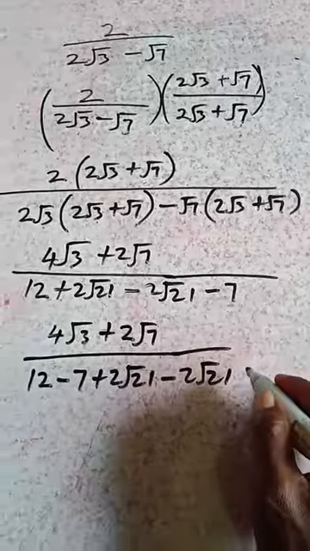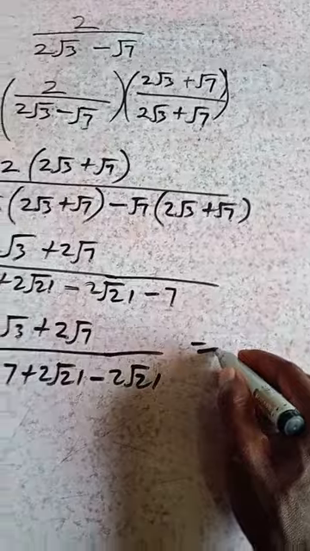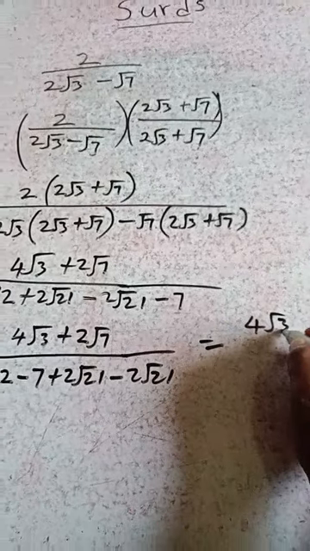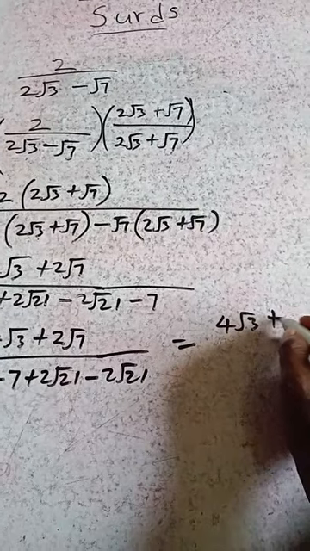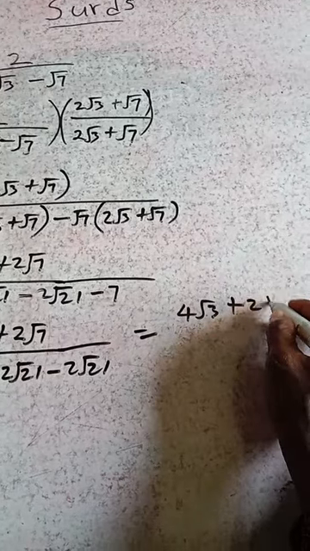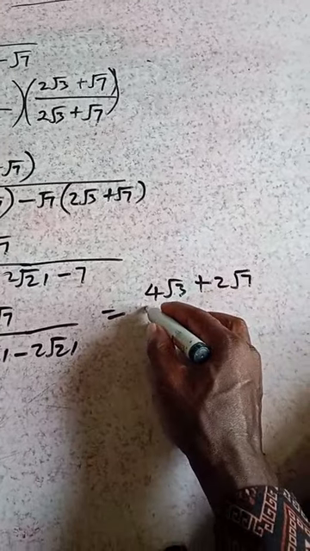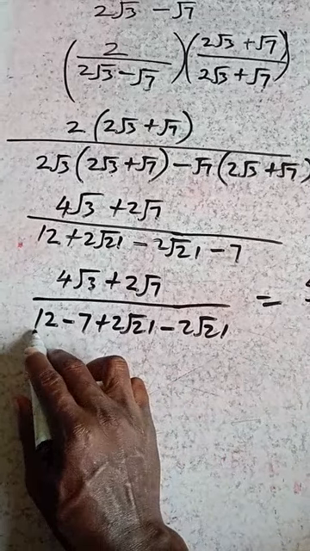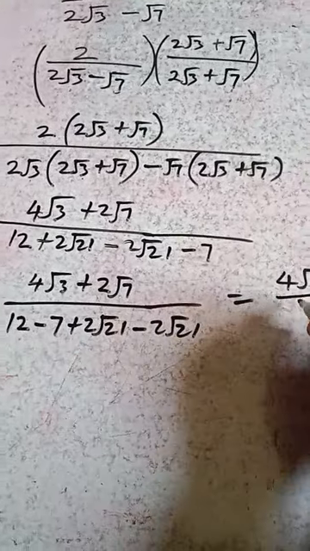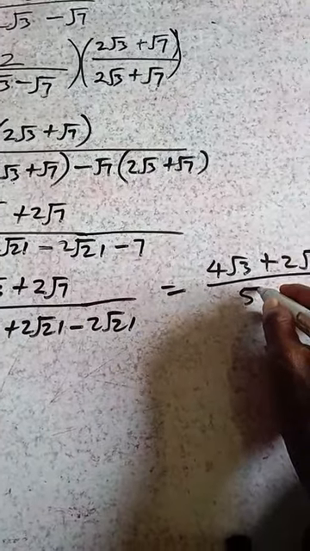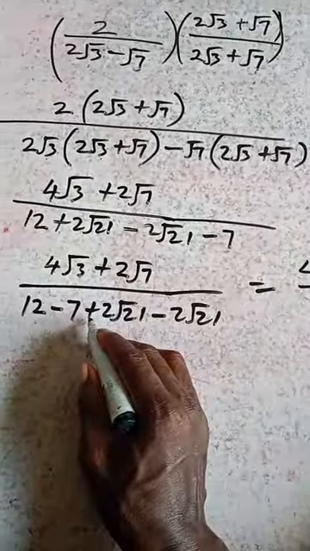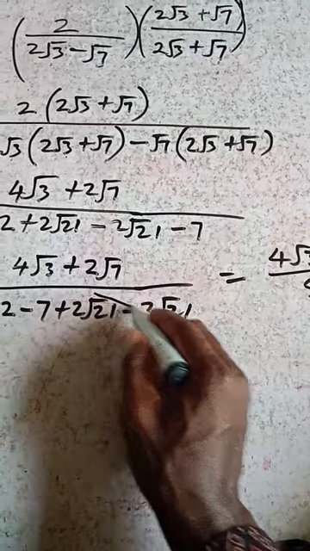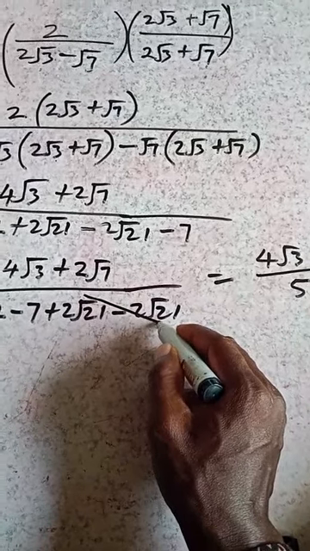So we'll still write our 4 root 3 plus 2 root 7 all over here. 12 minus 7 is 5, and plus 2 root 21 minus 2 root 21 is going to give us 0.